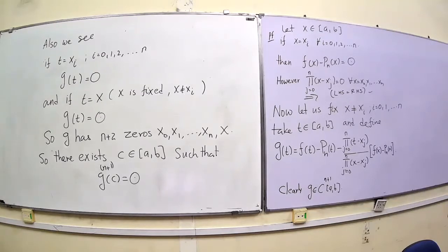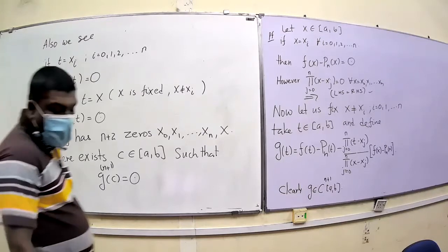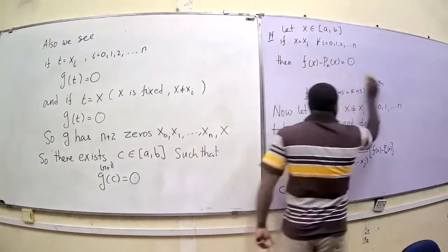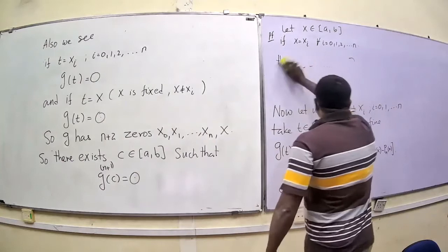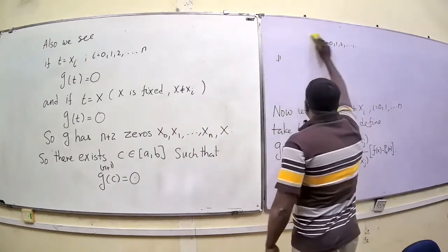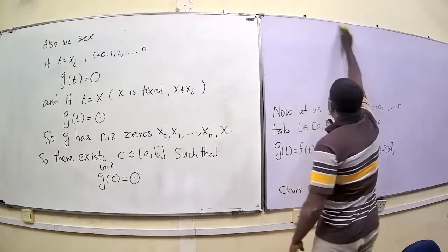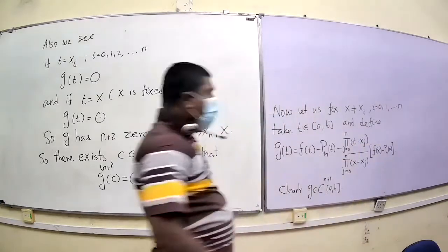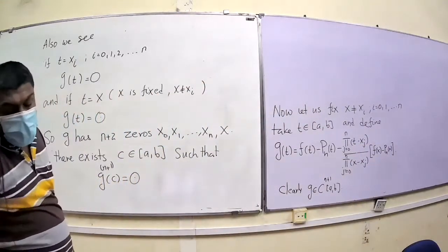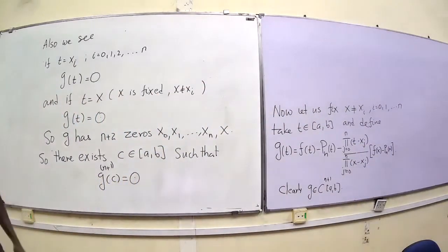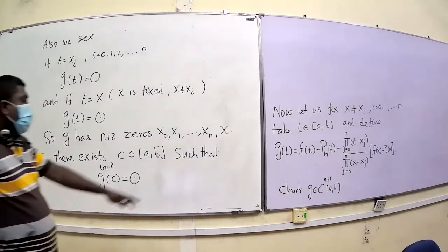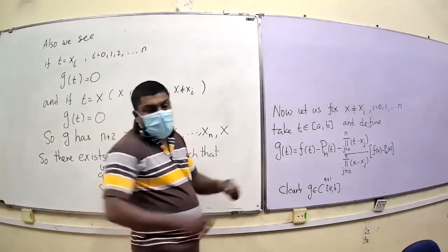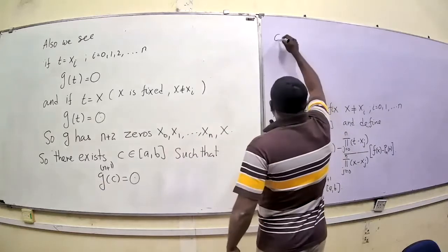So now what you have to do is you have to take the derivative of G. G is a function of t.